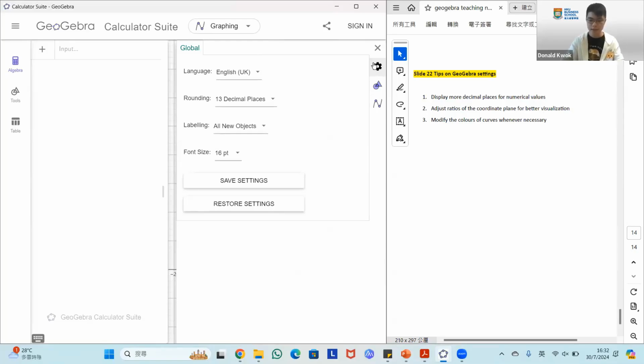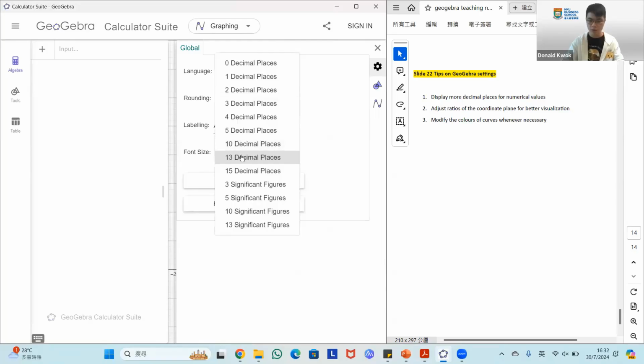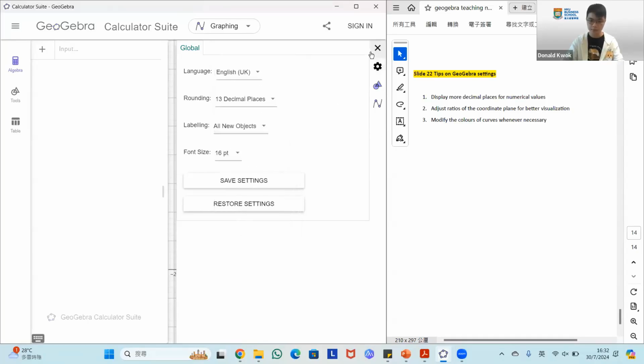You can see the setting of the rounding of numbers here. Showing more decimal places is very crucial, especially when the values are only intermediate results. If you only use 2 decimal places in your earlier results, then the following calculations based on these values may incur large rounding errors. So this is the first tip.